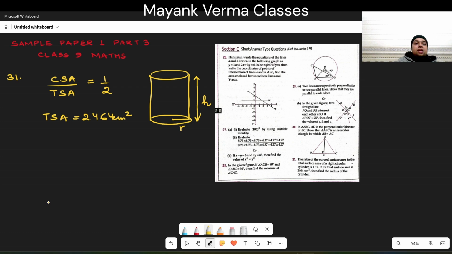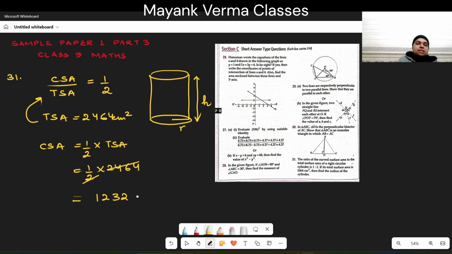Okay, now let's put TSA in this equation. So you will get CSA is equal to 1 by 2 times TSA, which is equal to 1 by 2 times 2464. So if I cut it on table 2, I will get 1232 centimeter square. So this is my curved surface area. This thing we are able to find.